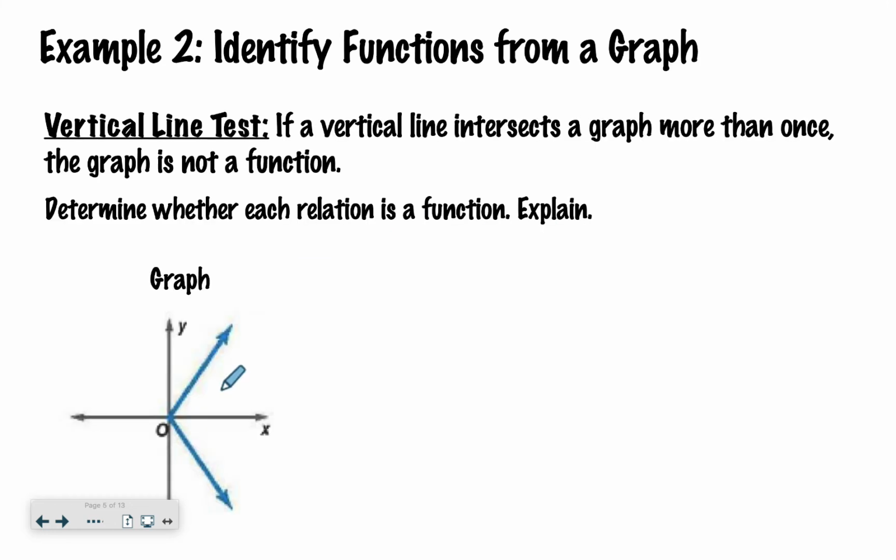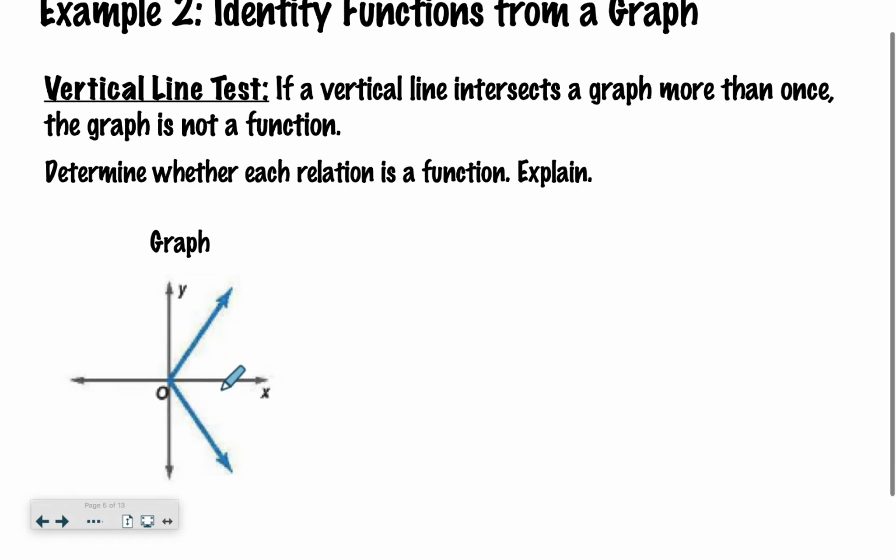But let's move on to identifying functions from a graph. This is kind of what I already talked about on that first vocab page. We have something called the vertical line test, where you draw those straight up and down lines and see, does it hit more than one time or not?